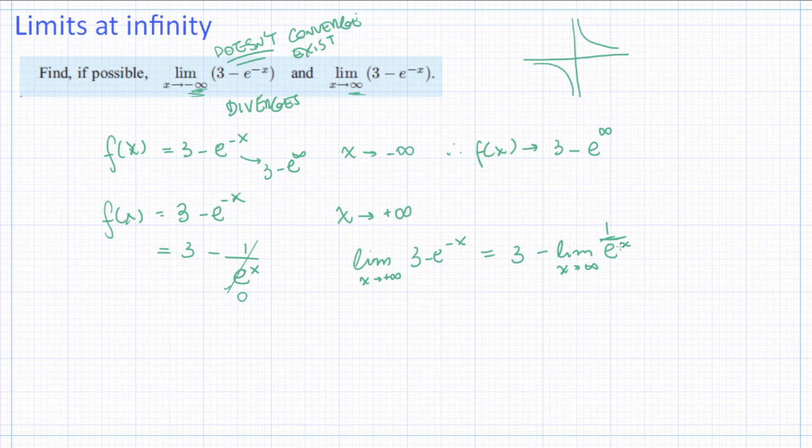And then since this is a ratio, the denominator will always increase and increase and increase. The number will decrease, so all of this goes to 0. So my limit is 3. And that's all for today.